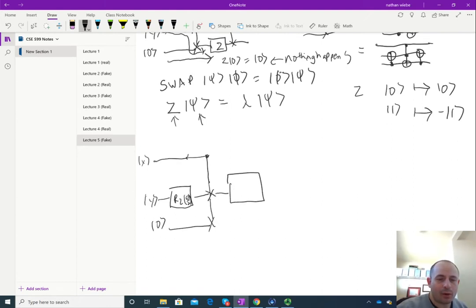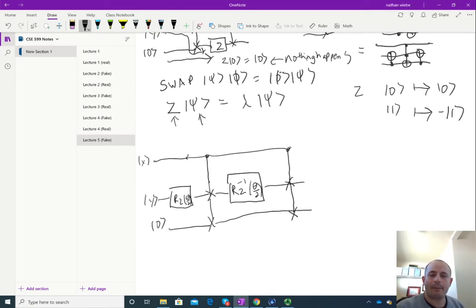Now what I do is I'm going to do the inverse unitary transformation of that over here. And now swap again.